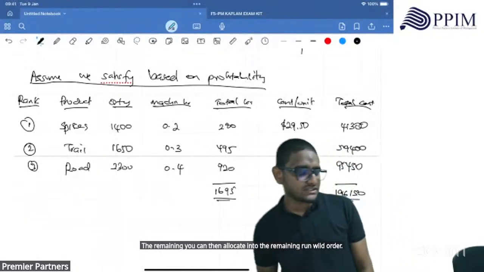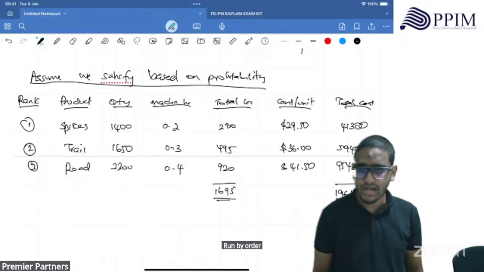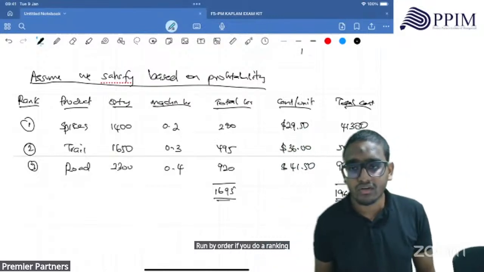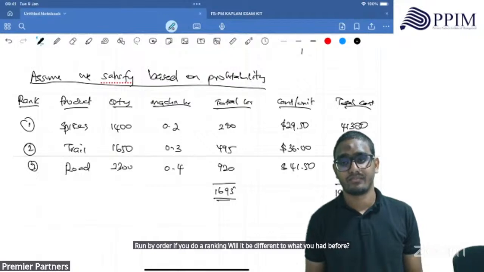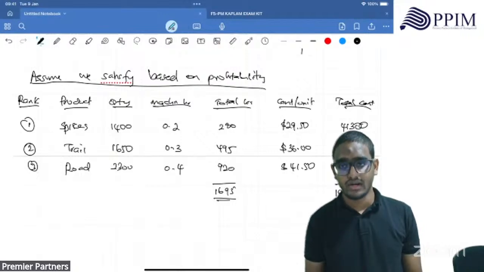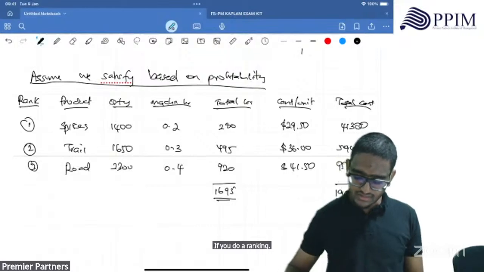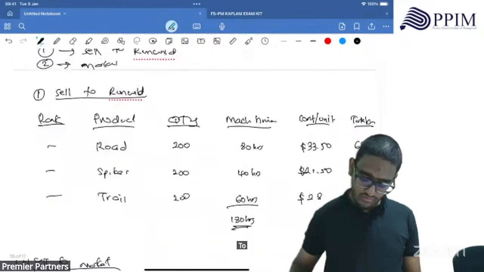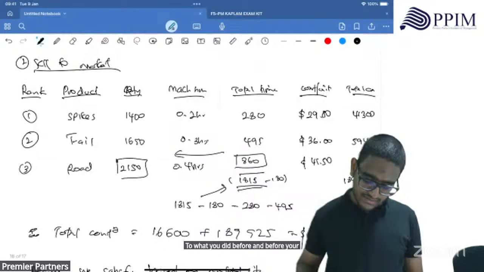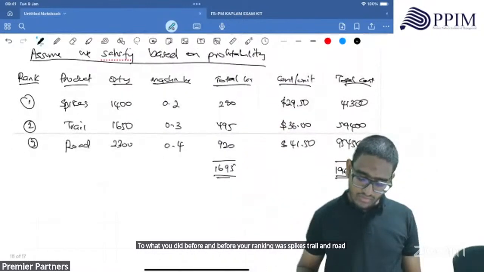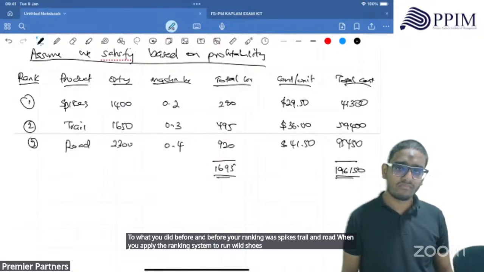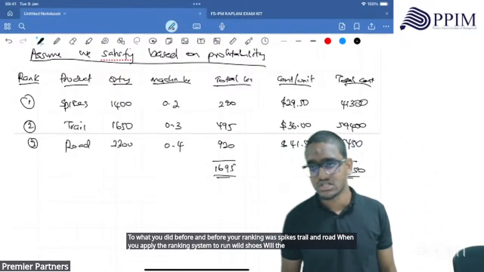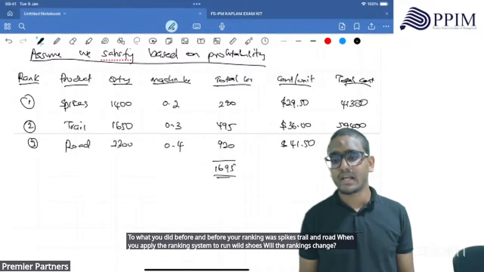Now, Runwild's order, if you do a ranking, will it be different to what you had before? Before, your ranking was spikes, trail, and road. When you apply the ranking system to Runwild shoes, will the rankings change? Just do a trial and see.